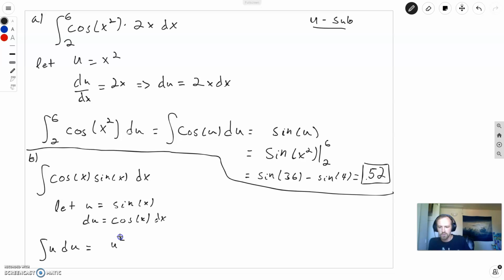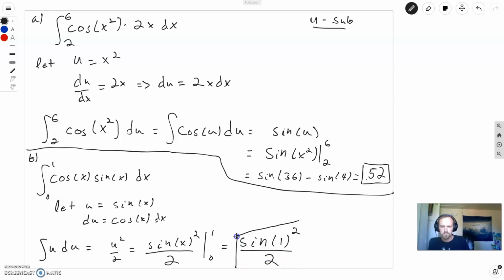This equals u squared over 2. Plugging in u, I get the sine of x squared all over 2. And this one we're evaluating from 0 to 1. So I'll go from 0 to 1 right here. Sine of 0 is 0. So this will be the sine of 1 squared all over 2. Okay. So once again, we saw that red flag. We saw that one of my terms, if I could take a derivative of it, is somewhere else in there, and that's the signal.